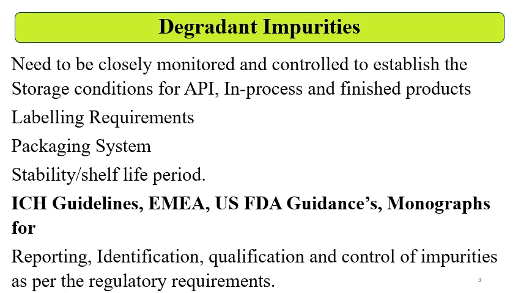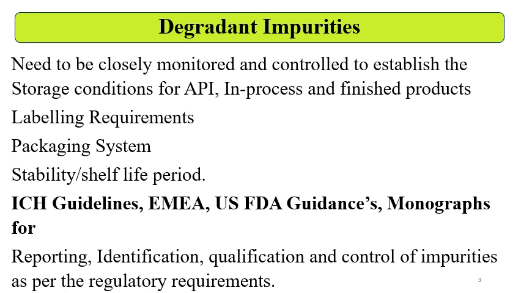There are many guidelines available like ICH guidelines, European guidelines, US FDA guidances, and the product monographs for the impurities. All these guidelines and monographs are there for reporting, identification, qualification, and control of the impurities as per the regulatory requirements.